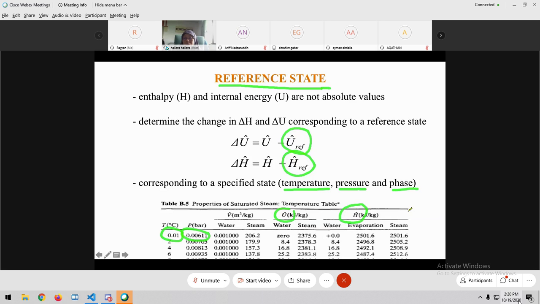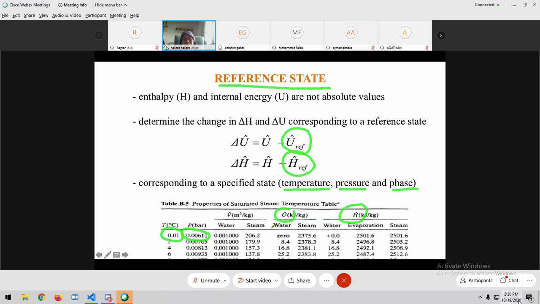Maybe. Water state? Well, steam is also water. It's not a mixture. Saturated, what state? Saturated steam. Saturated water. Okay.